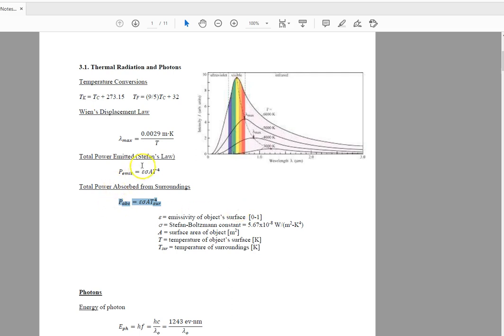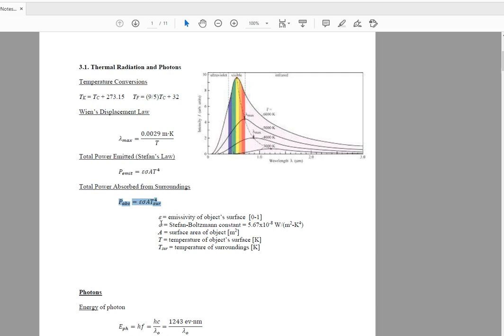Well, if you equate these two equations, what you conclude is that the surface temperature of the object is equal to the temperature of the surroundings, right? So a lot of times when you ask people, what does it mean if that cube is in thermal equilibrium with its surroundings? They might say, oh, the temperatures of the two are the same.